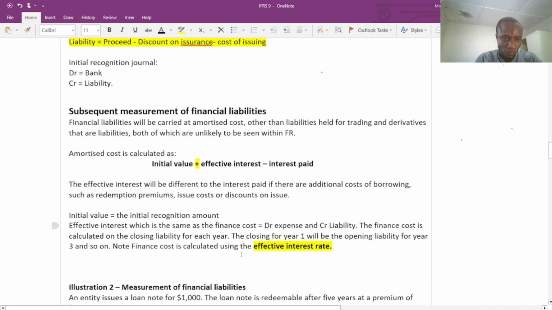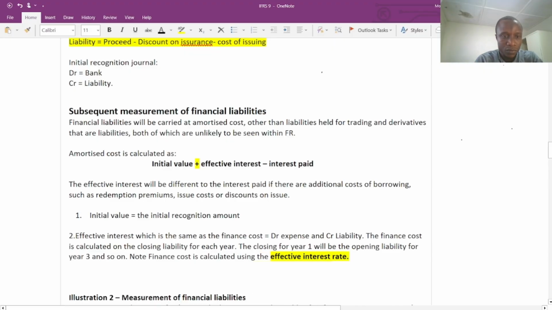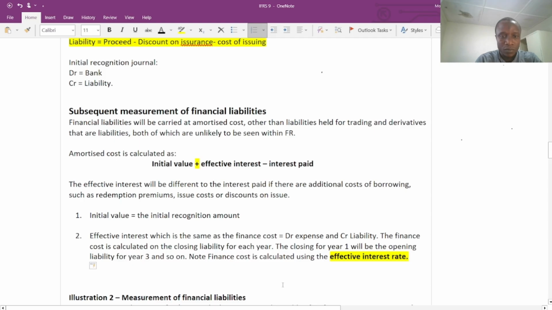So now point three. We are going to look at the interest paid. Now, what is interest paid?